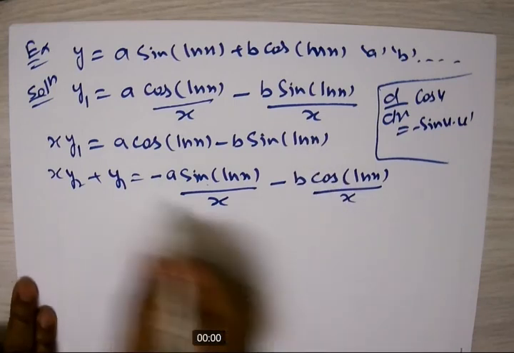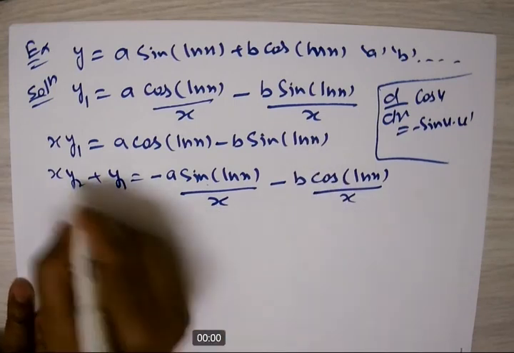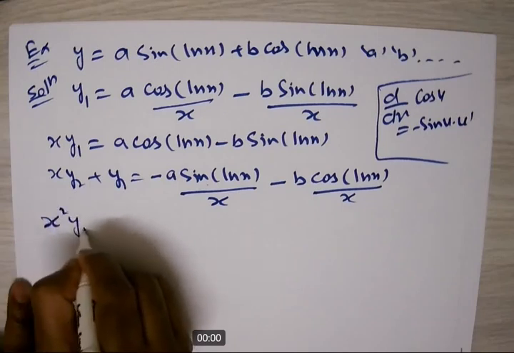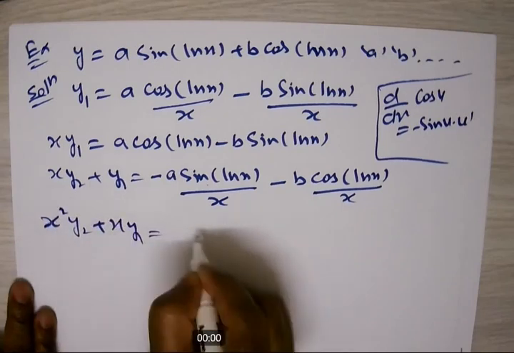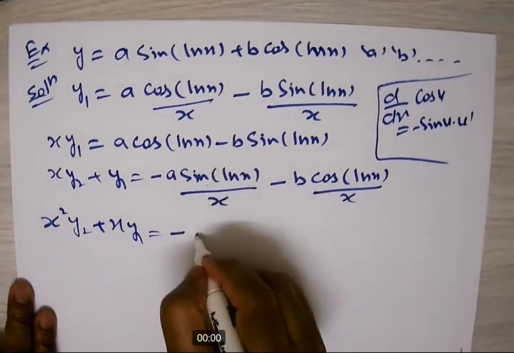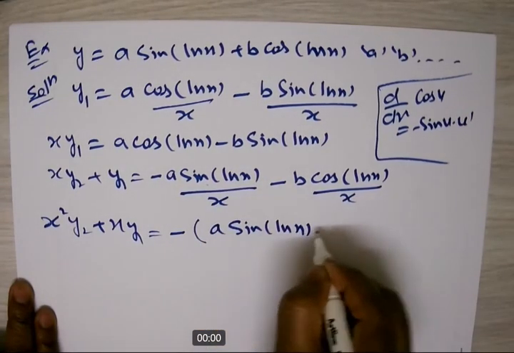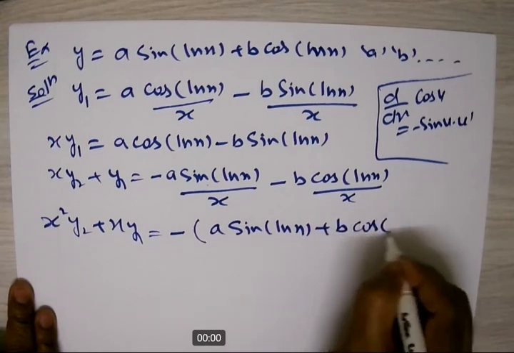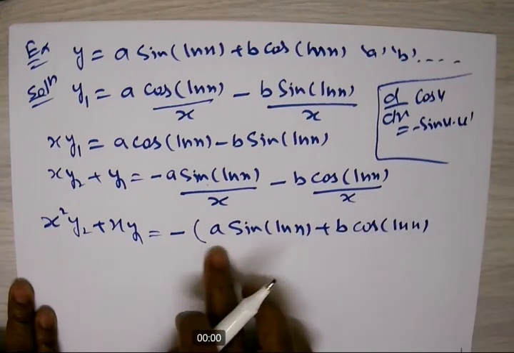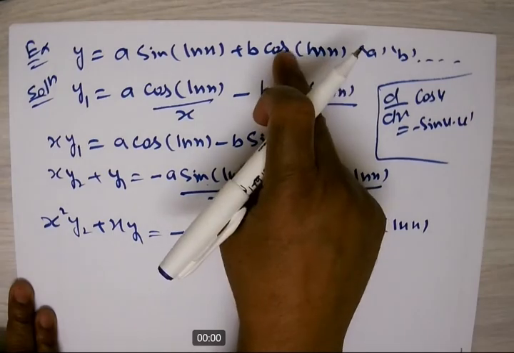Now simplify again; this common and multiply here. x² y2 + x y1 = −(a sin(ln x) + b cos(ln x)). See that one, a sin(ln x) + b cos(ln x) is y.